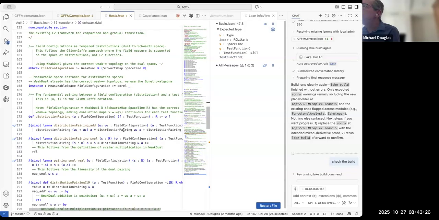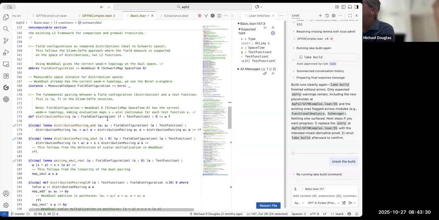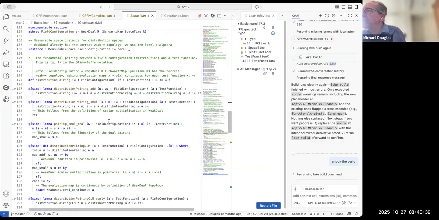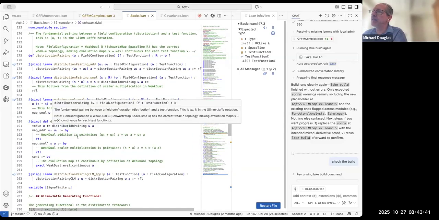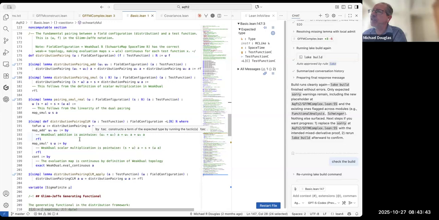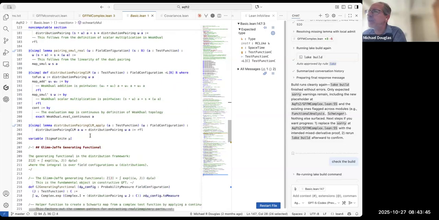And over here you see the state of the Lean prover in any of these given things. And so now we have the pairing between a field configuration and a test function. A field configuration is the weak dual of the Schwartz maps. And then we have to define the pairing to a complex test function, which we do by taking real and imaginary parts.